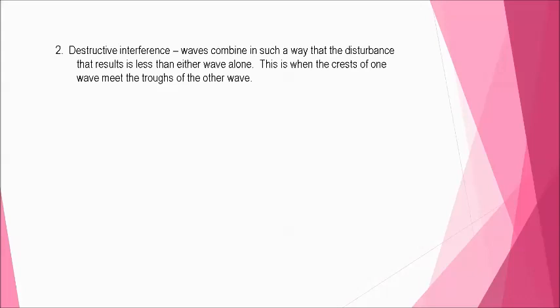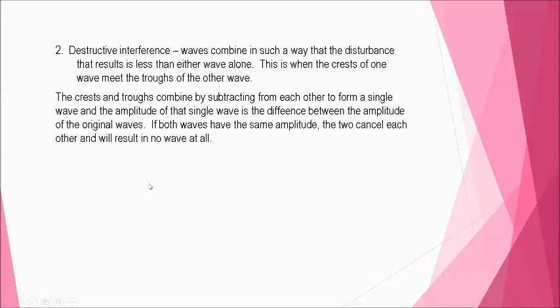What happened there is that the trough met up with the crest, when they arrive at the same time, at the same point or at the same place. So what happened there? The amplitudes, you get the difference. And that is the amplitude of the resulting wave or the resulting disturbance.